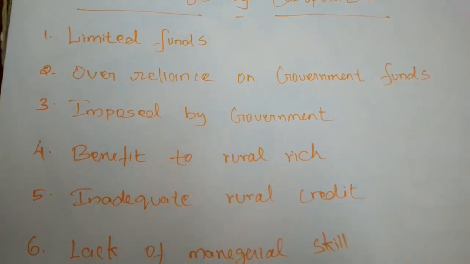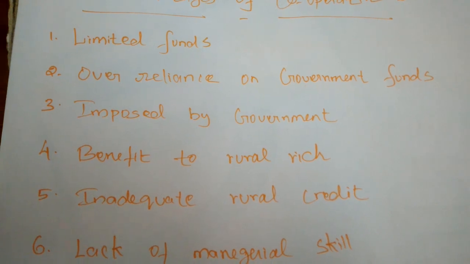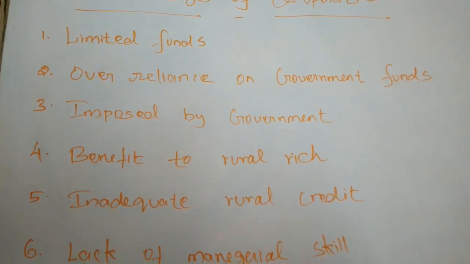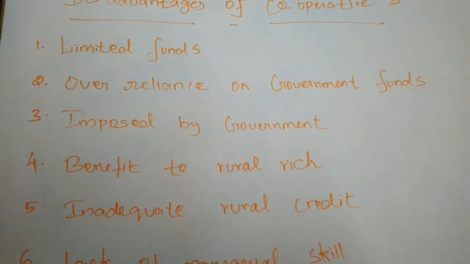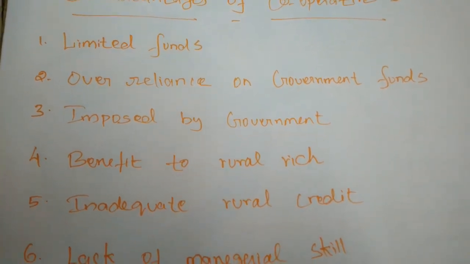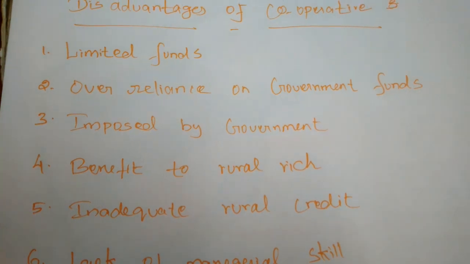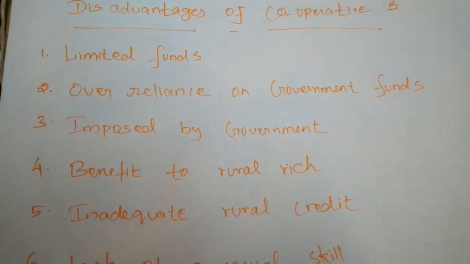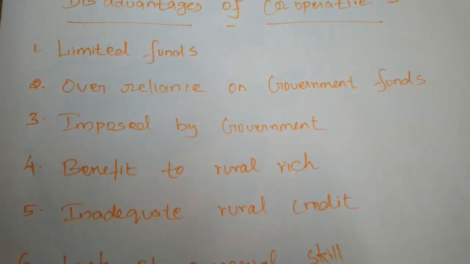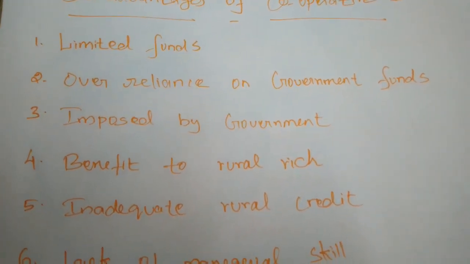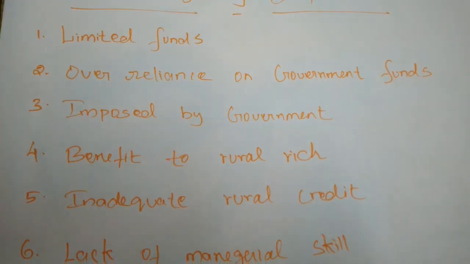Their sources of financing are limited and they depend on government funds. Because of limited members, they cannot make more funds. When they don't have more funds, they cannot expand their business activities. So cooperative organizations are always depending upon government funds.